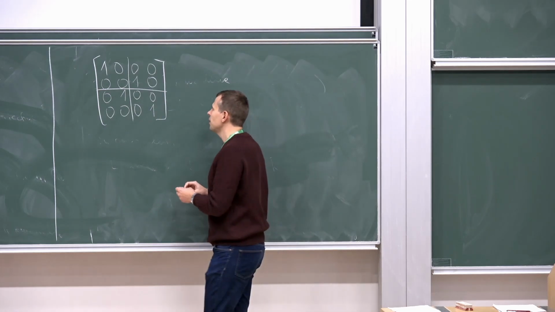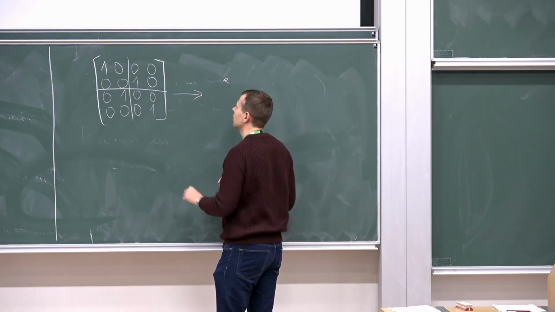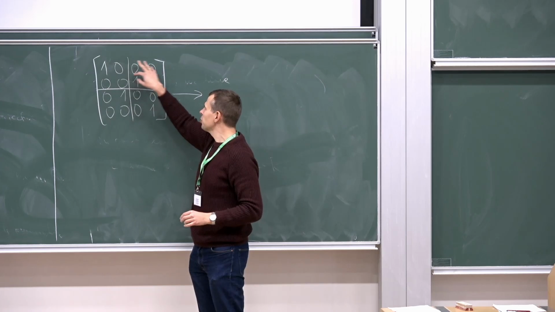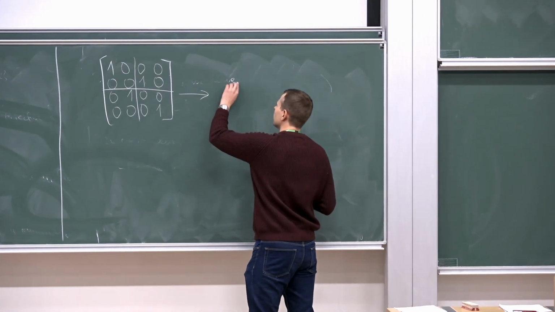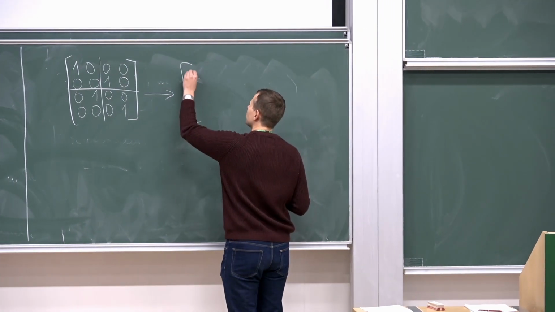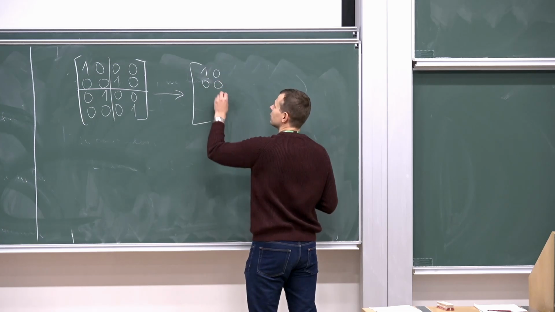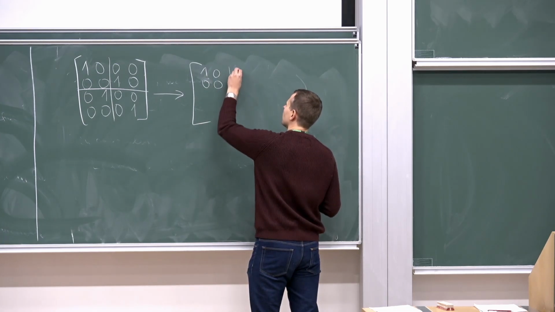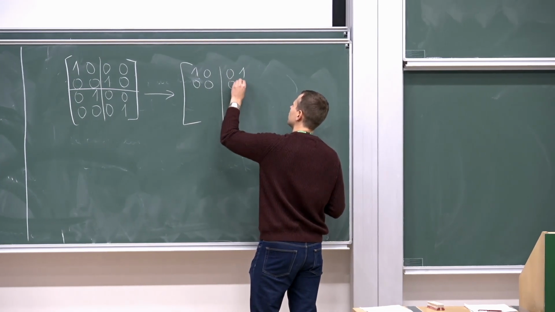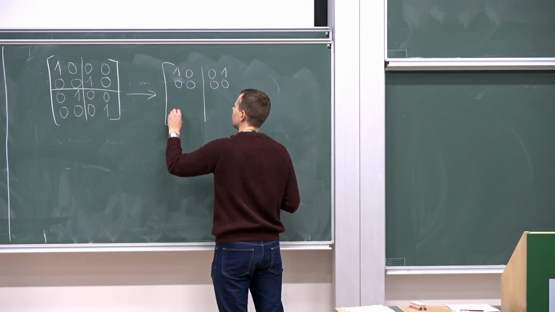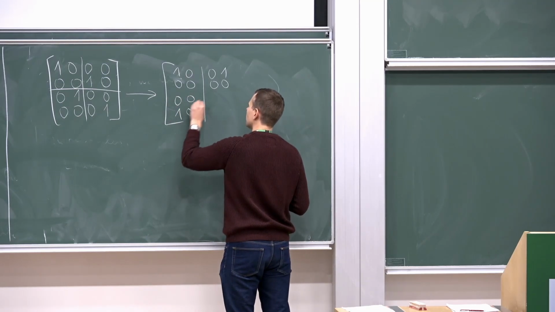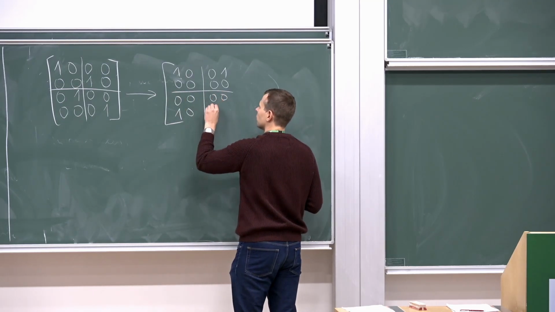And then if you apply this star operation to each block separately, then what you get is this matrix. Here nothing happens. Here you get one, here you get one, here you get one, right?